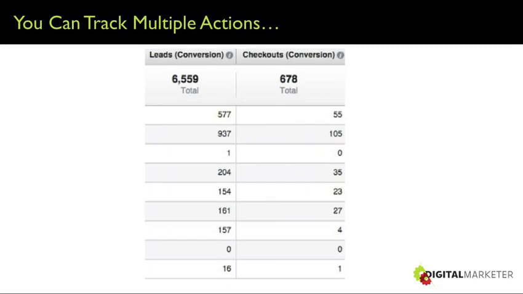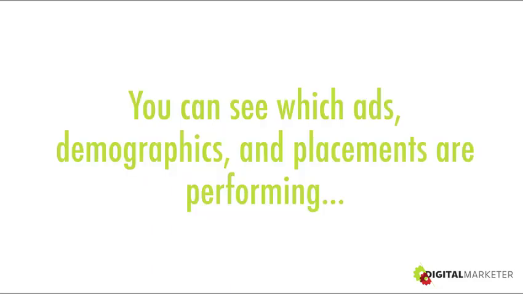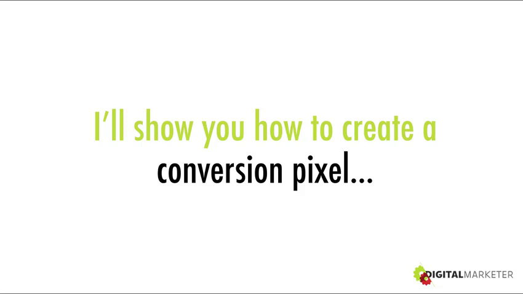And again, we'll cover this in the tracking video. But look at how powerful this is to see how many leads and how many checkouts actually occur for a specific action. So like I said, you can see which ads, demographics, and placements are actually performing.